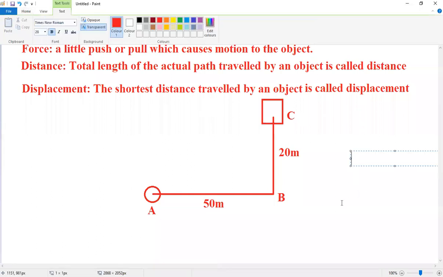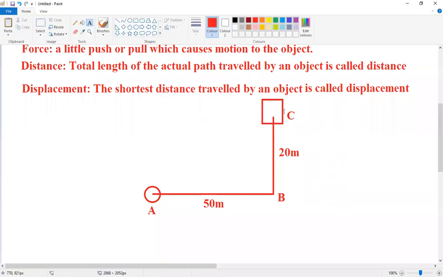Now, as you can see, the shortest distance here will be from point A to C directly. To find the length of this distance from A to C, you can simply follow the triangle law, the Pythagoras theorem.